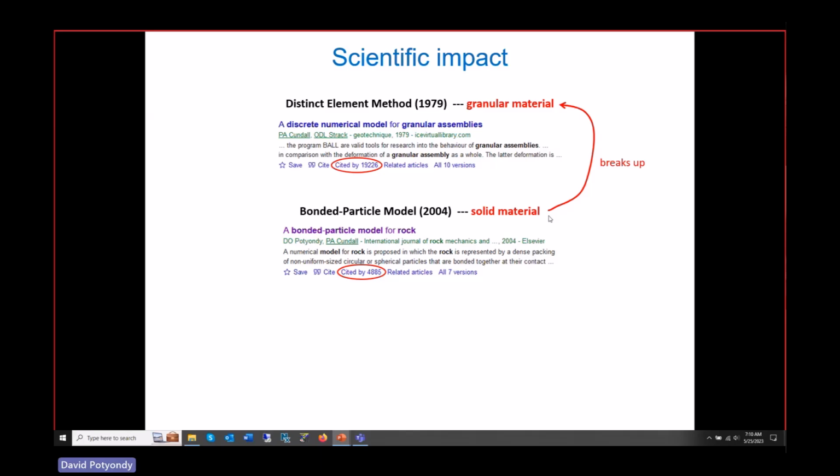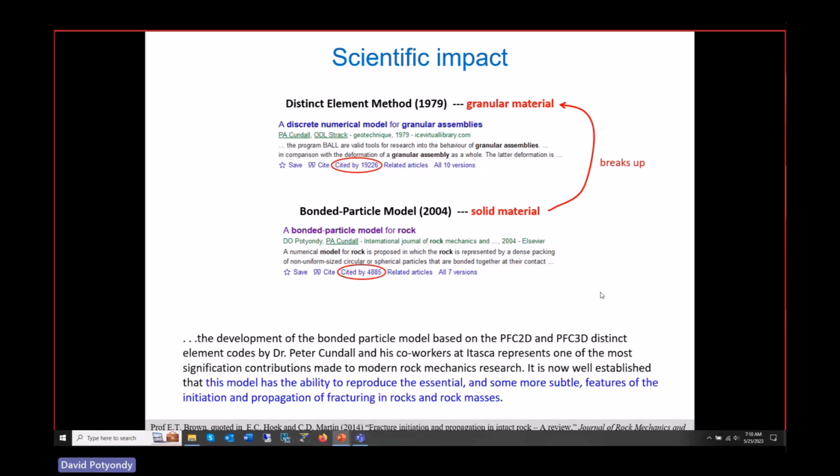The really nice, interesting thing is that this begins its life as a solid material, and then it starts to have all these cracks. As it breaks up, it eventually could become a granular material. And of course, most rock is in a stage somewhere in between, right? And this last one, I think, is very pertinent to what we're talking about in the course here. The development of the bonded particle model represents one of the most significant contributions to modern rock mechanics research.